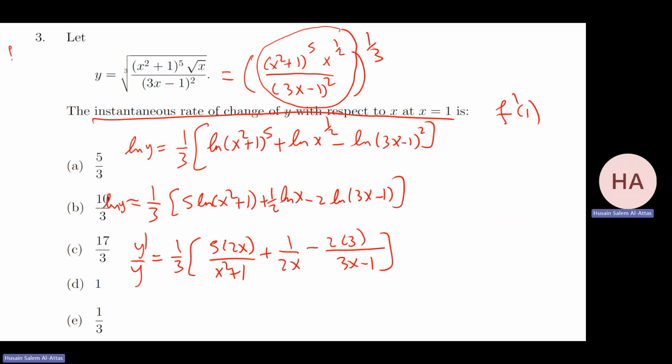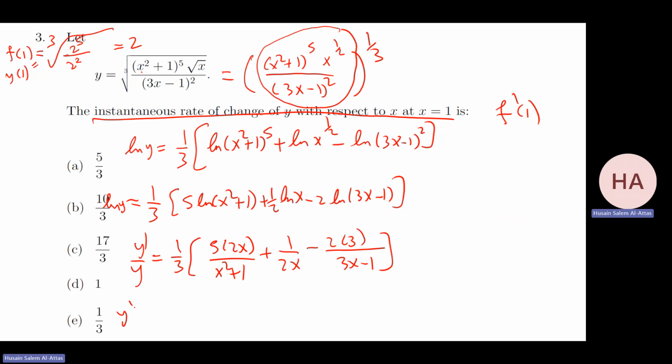Notice f of 1 is what? It will be the cube root of 1 plus 1, 2 to the power 5, square root of 1, which is 1, over 2 squared, which is 2, which is y. This is y at 1.